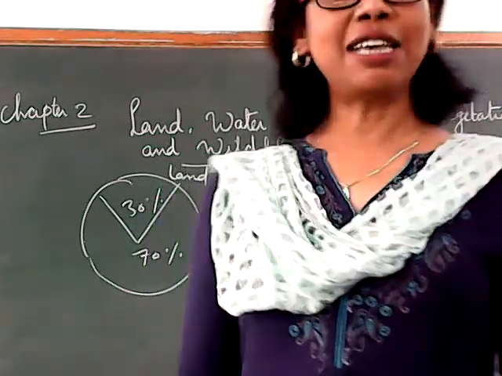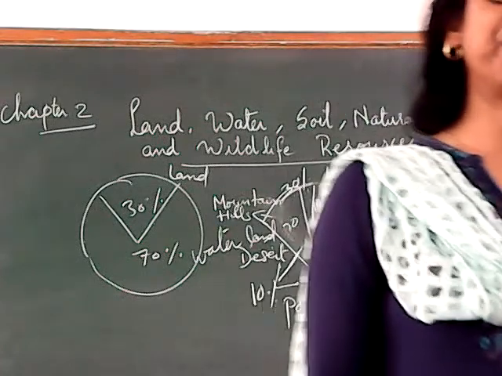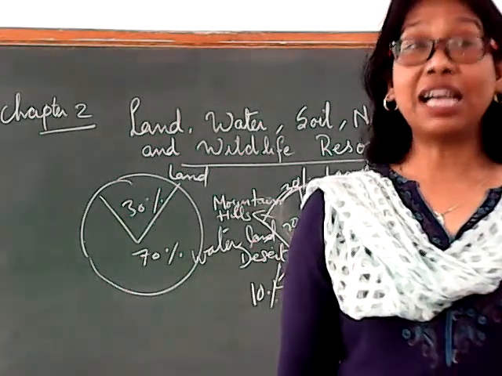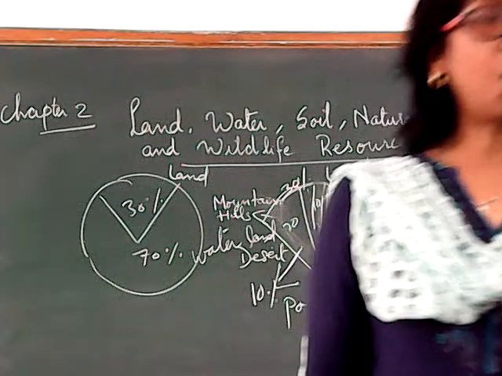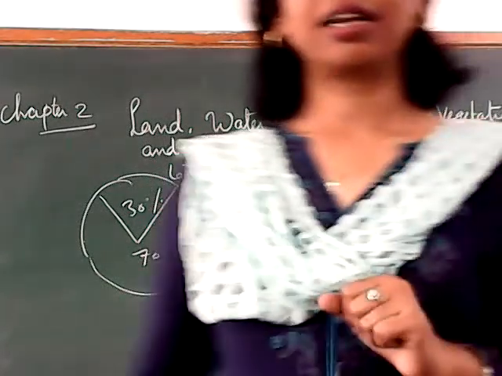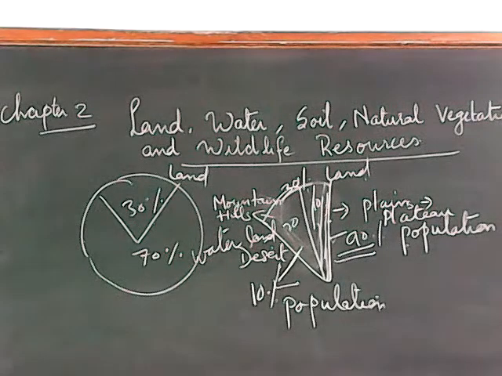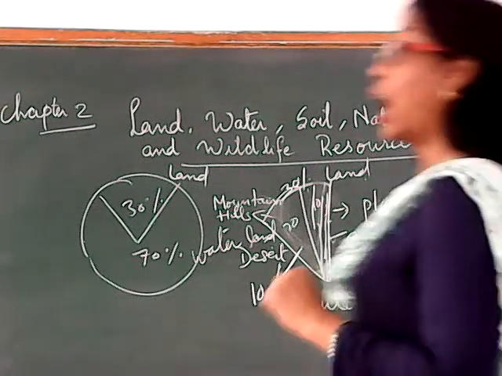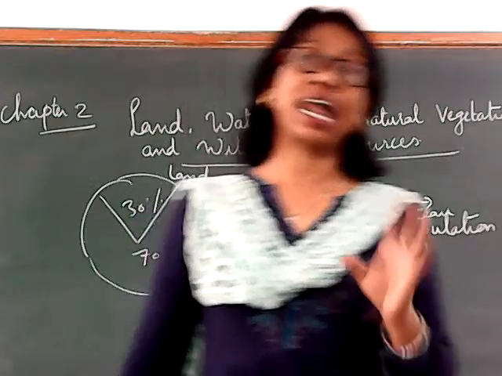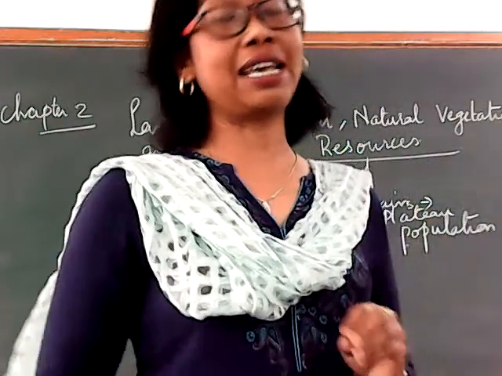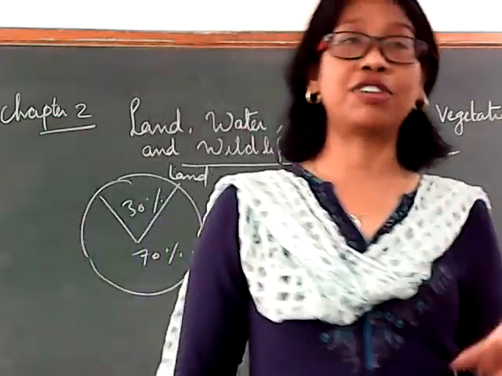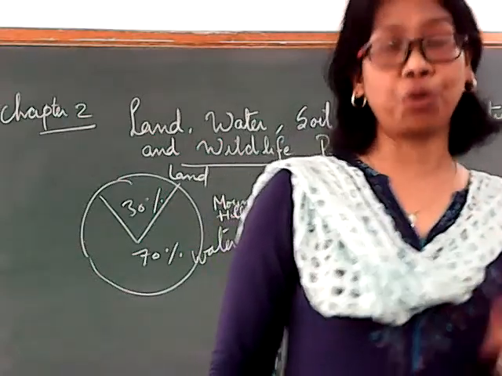And where are all these activities done? Only on the land, yes or no? Yes, ma'am. The major activities of humans are all done on land. That is why land is the most important natural resource.